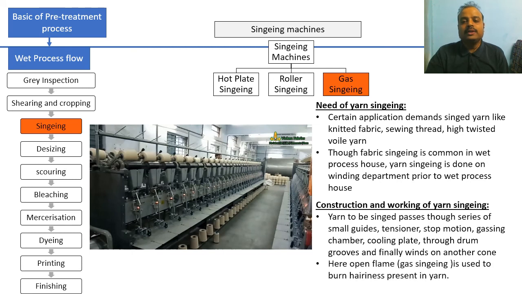Here, open flame gas singeing is used to burn hairiness present in the yarn, and each component has its own significance in this machine. So let's start and understand visually how this singeing machine works. You can watch this video till the end.